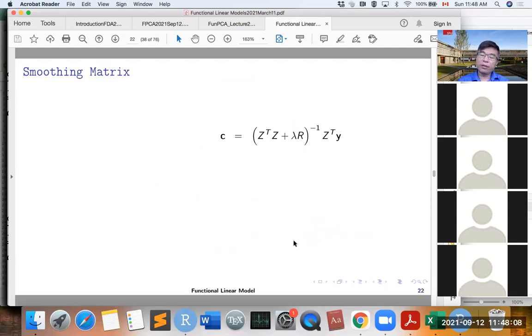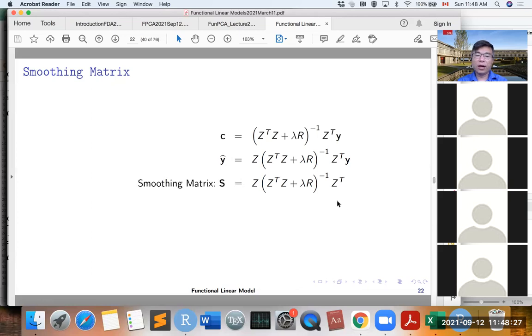So after we get these basis coefficients, the fitted values for y, we write y hat, will be equal to Z times c, right? So we plug in the formula for c here. So basically, we define all these terms before y to be S. We call S the smoothing matrix.